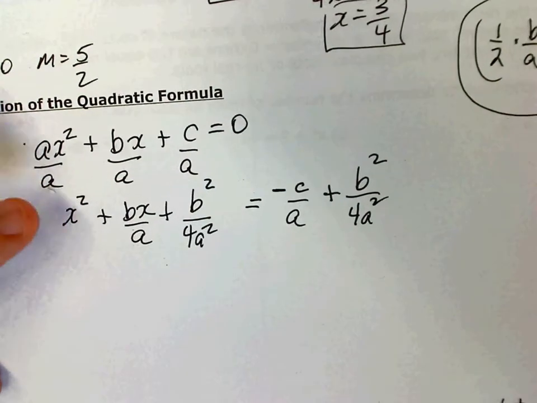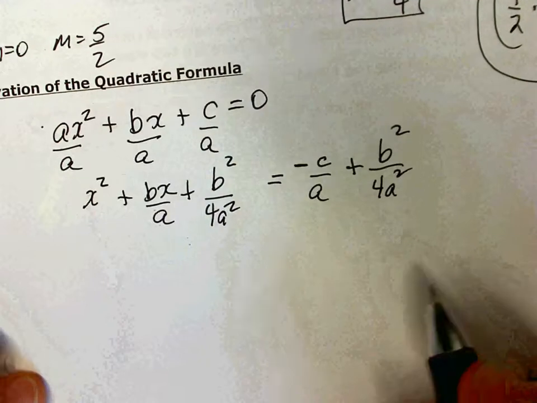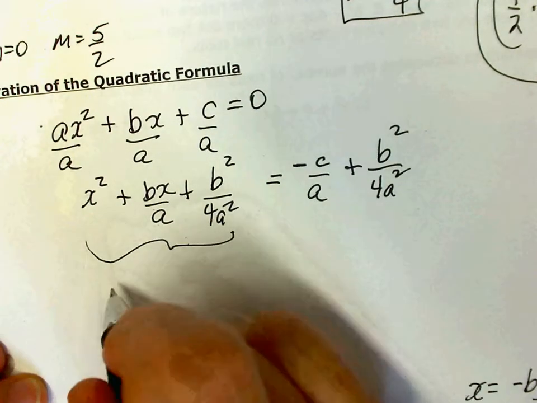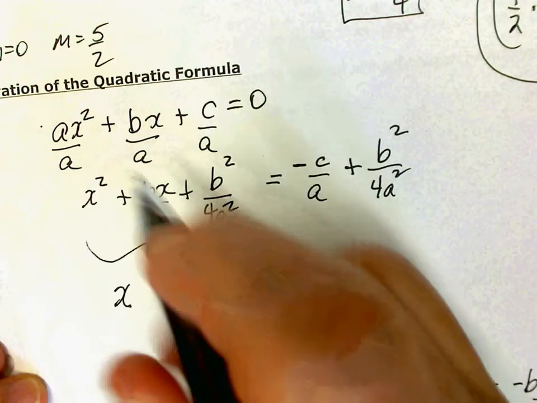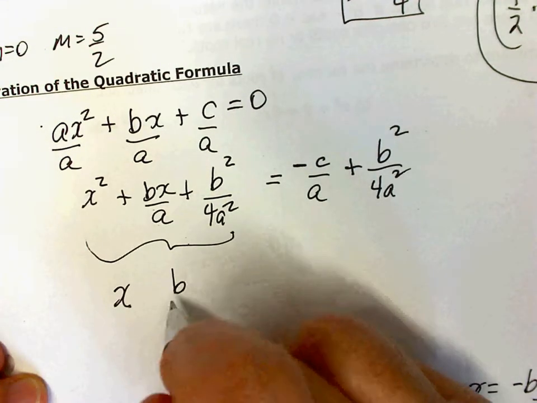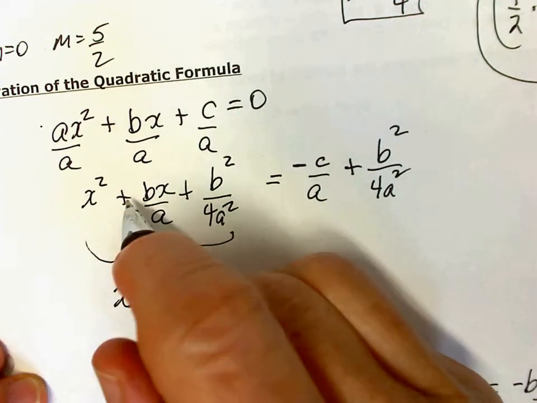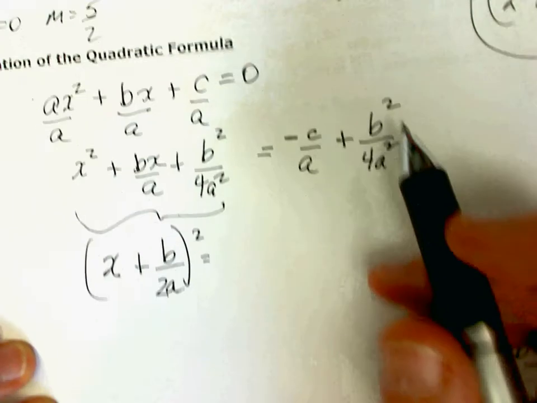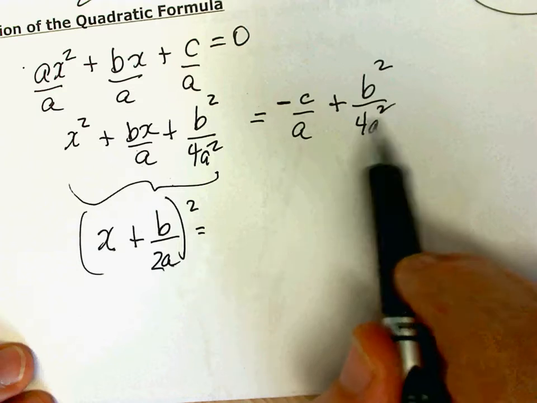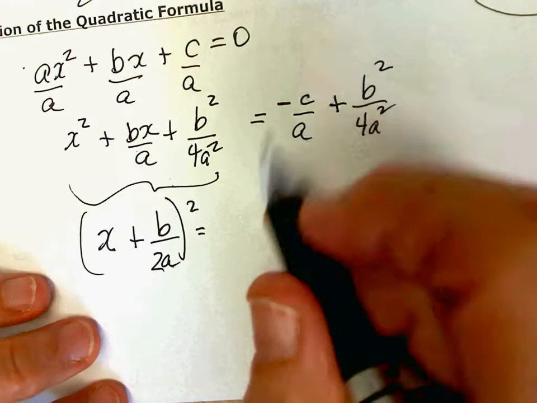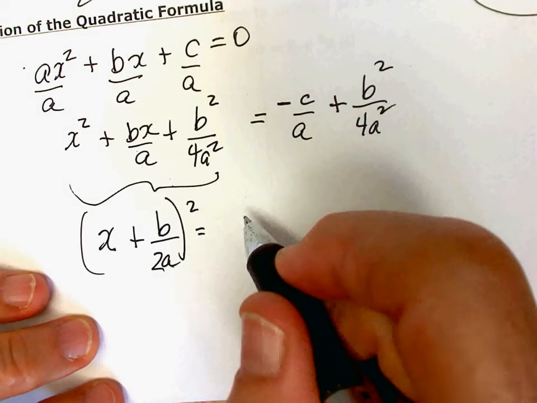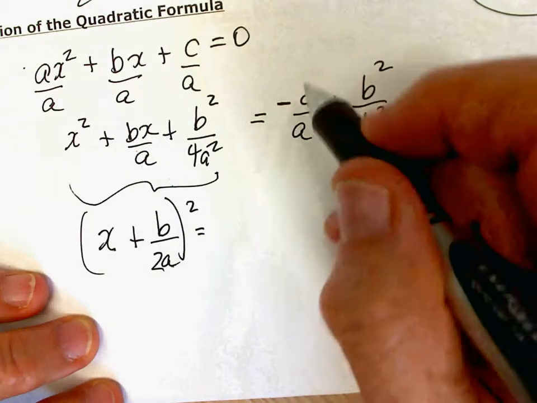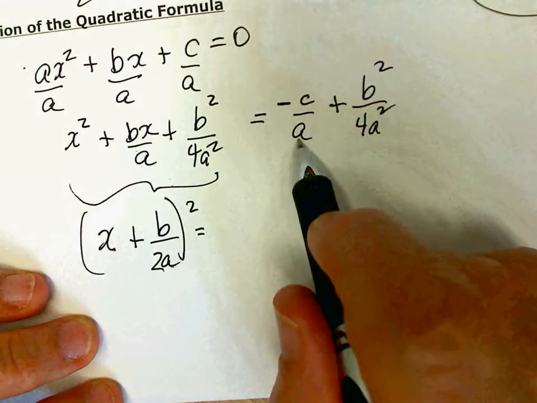Okay, now we have a perfect square trinomial. So it's square root of the first term, square root of the last term. That's a positive. Here we're going to need a common denominator. So I'm going to multiply this guy by 4a over 4a. Do you see how our common denominator is 4a squared?